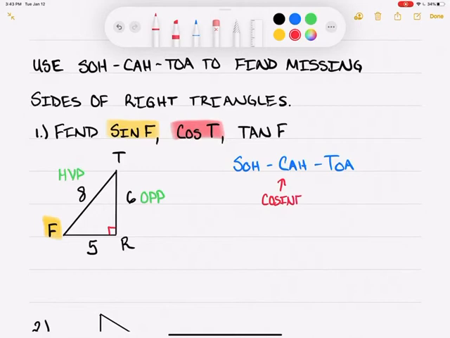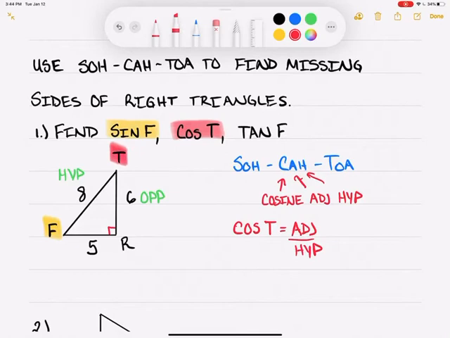Cosine uses an adjacent, starting with the letter A, and a hypotenuse. So the cosine of angle T should equal the adjacent leg over the hypotenuse. The only thing is it has to be off of angle T.